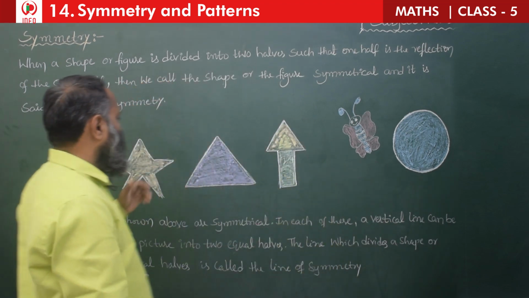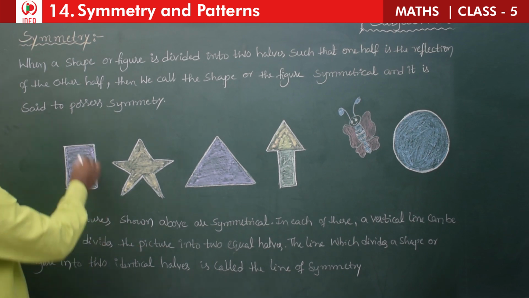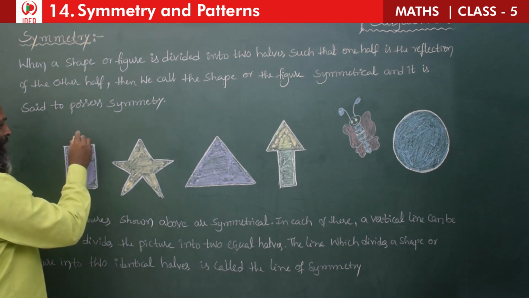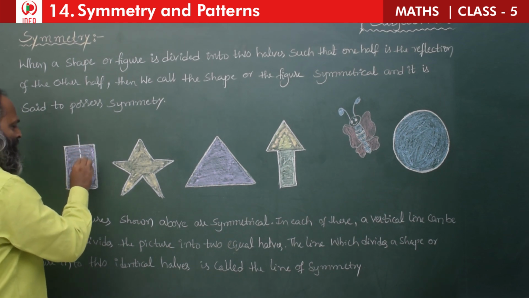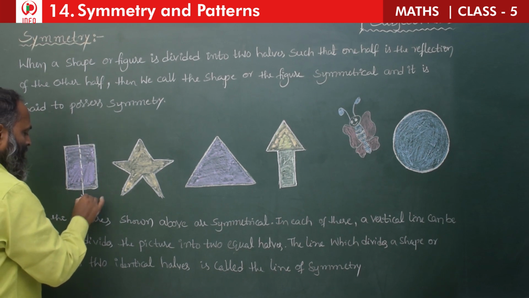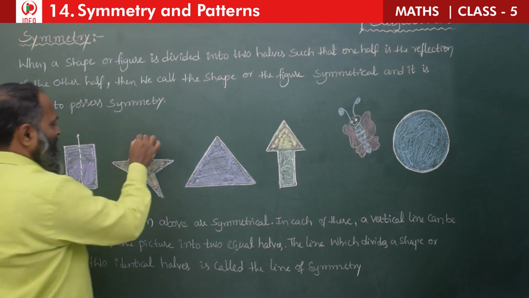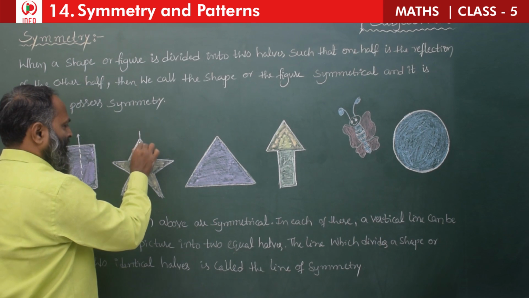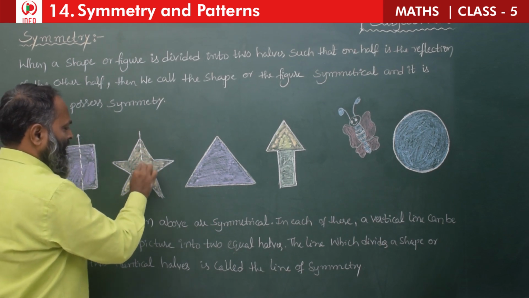Okay, here some pictures are given. If you draw a horizontal line from the middle, it makes two equal halves. From here also, if you draw a vertical line, it makes two equal halves.